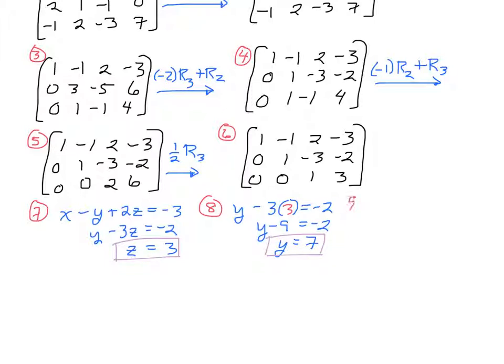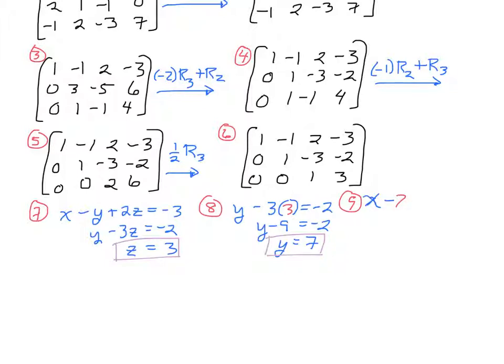And then our last substitution, now that we know z and y, we're going to plug those in for the z and y here in that first equation. So we get x minus, instead of y, we're going to use 7.